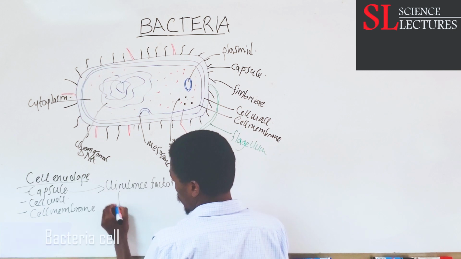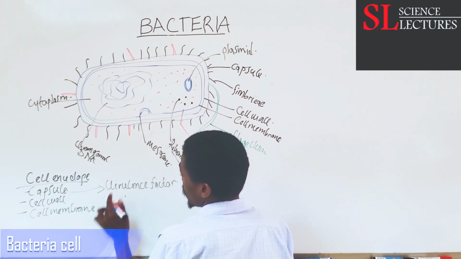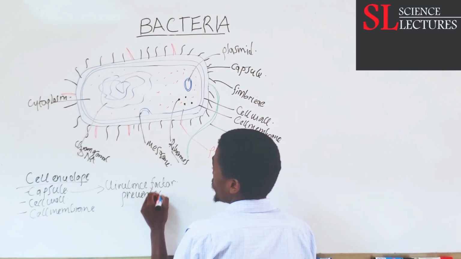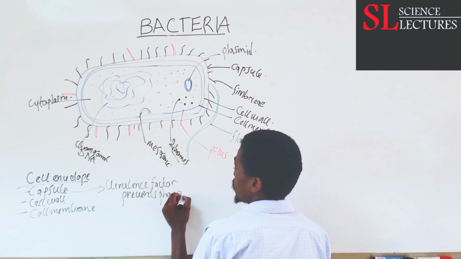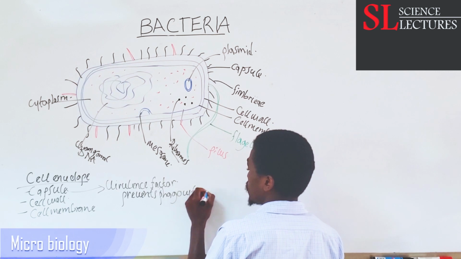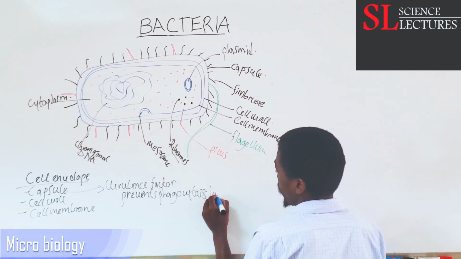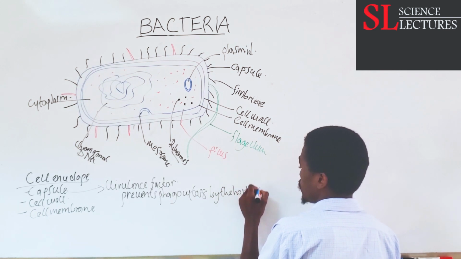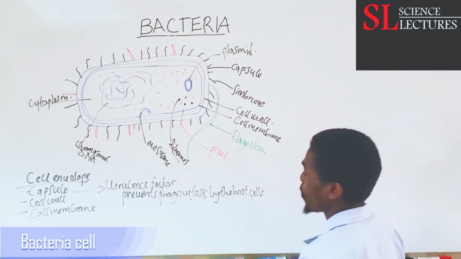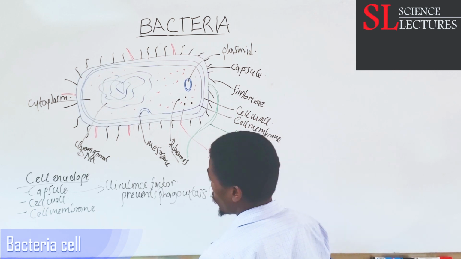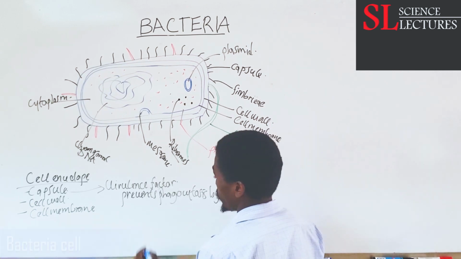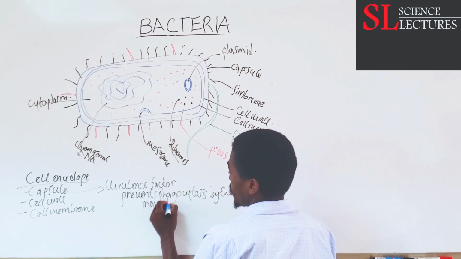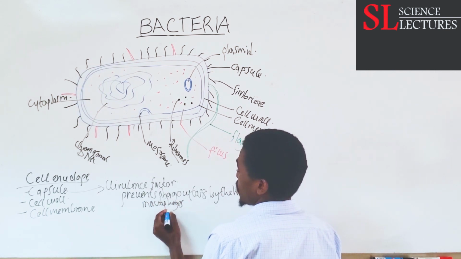It prevents or inhibits phagocytosis by the host cells. Let's say we are having monocytes or macrophages. Let's say in the human body or the body of any other animal like fish, it possesses macrophages or monocytes.